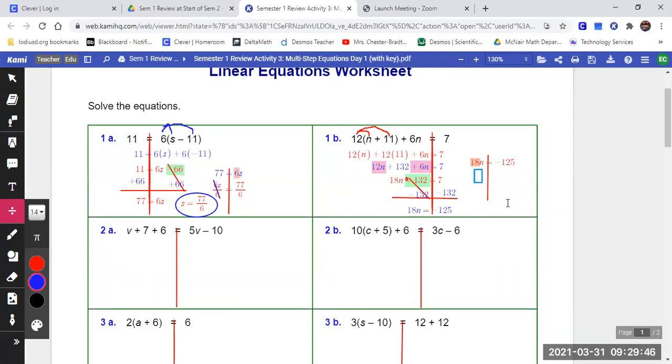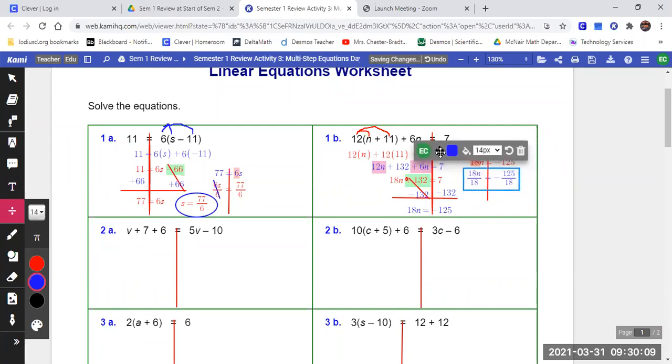Thank you. So 18n divides by 18. And the negative 125, sorry, divided by 18. Now, can 18 simplify 125?